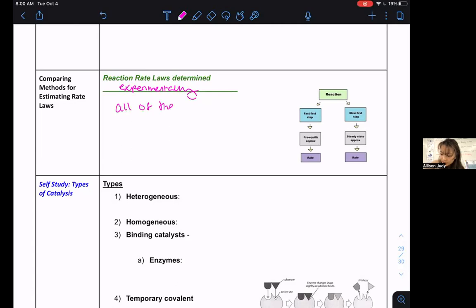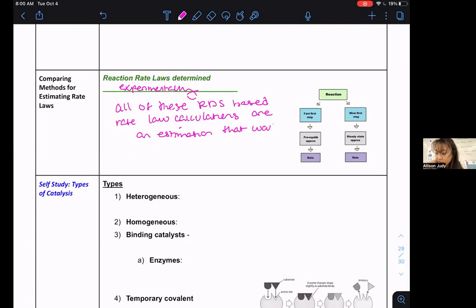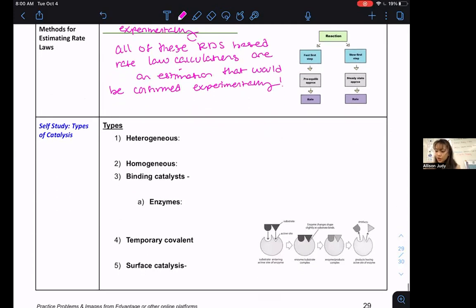All of these RDS based rate law calculations are an estimation that would be confirmed experimentally.